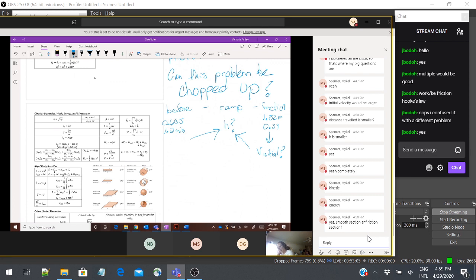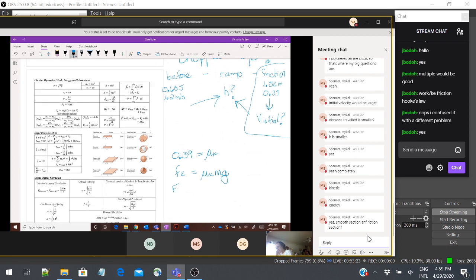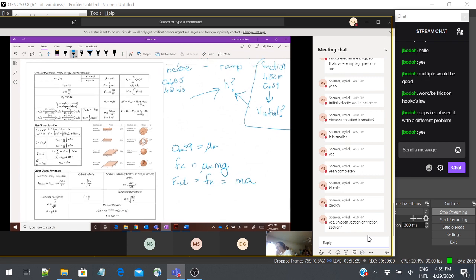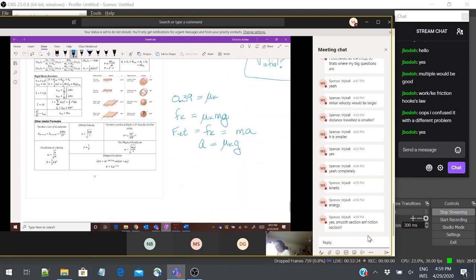So, all right, we think about just friction. I have a thing that slides 1.52 meters where my mu k is 0.39. Oh, hey, I know how to do this. The friction force is mu k mg, and then my net force is just my force of friction, which is mass times acceleration. So I end up with my acceleration is mu k times g. And then I know from kinematics, v squared equals v initial squared plus 2a delta x.